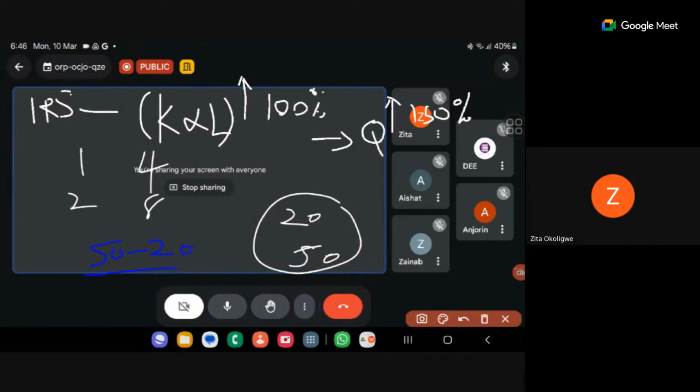50 minus the original one, 20, over the old one, 20, times 100 over 1. So production increased by 30 divided by the old quantity, 20, times 100. That's 150%.